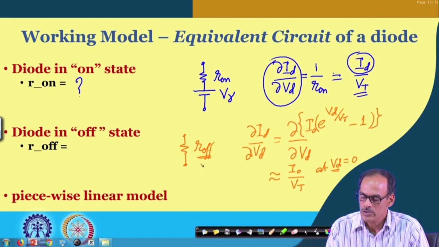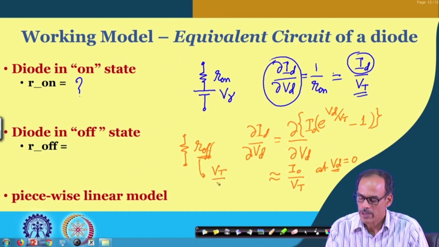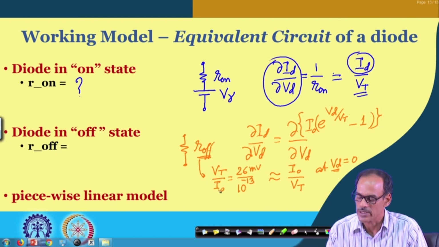which is the reciprocal of this, which is V t divided by I naught, it is 26 millivolt divided by 10 to the power minus 13 in this case. Right. So, which means that it is 26 into 10 to the power 10 ohms, that is very high.